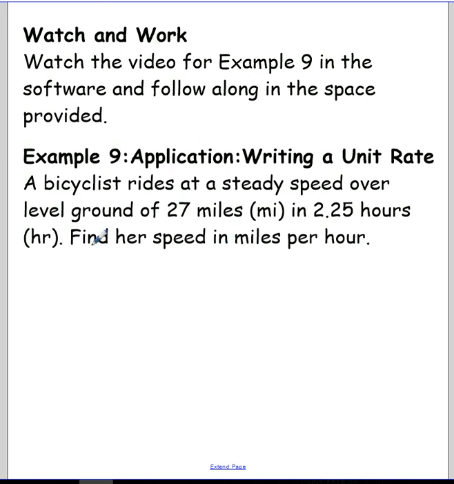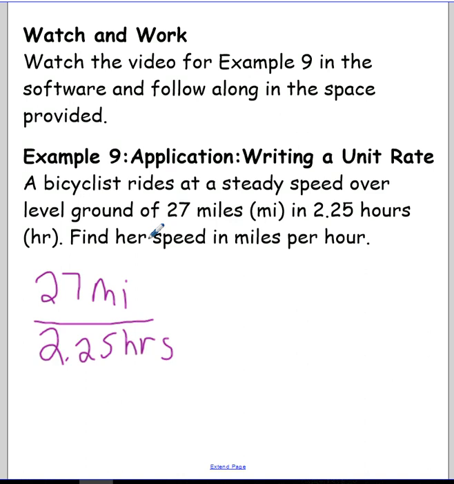So we're going to take our 27 miles per, and "per" is where we can put our fraction bar, 2.25 hours. And we want to simplify it to miles per hour.